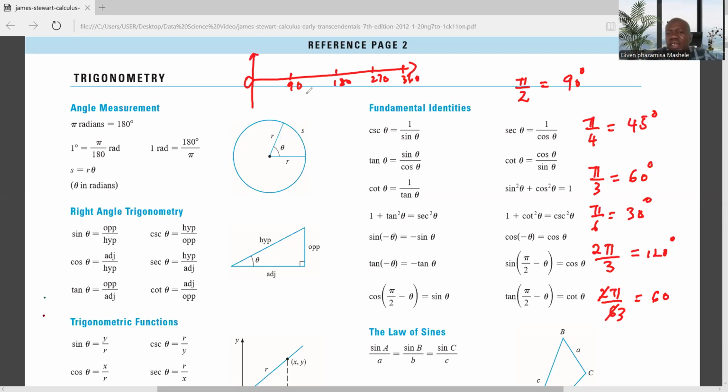Now at university level, they usually use radians. So instead of putting 90, they will just write pi over 2, which is the same as 90. Then here they will put pi.